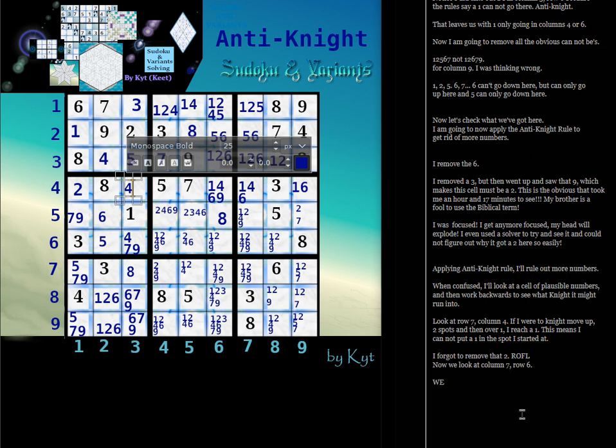We go back to the other 3x3 grid and remove the 6s.